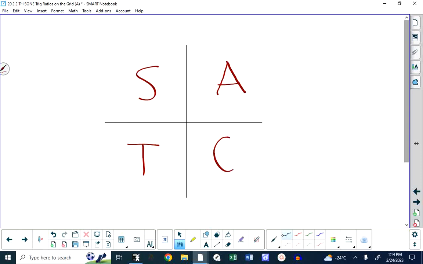Years ago, when I was in high school, and some teachers still use this, we called this the CAST rule, because it spells the word cast. I don't like that because the first letter of the word is not in quadrant 1, it's in quadrant 4. So we've come up with different things.